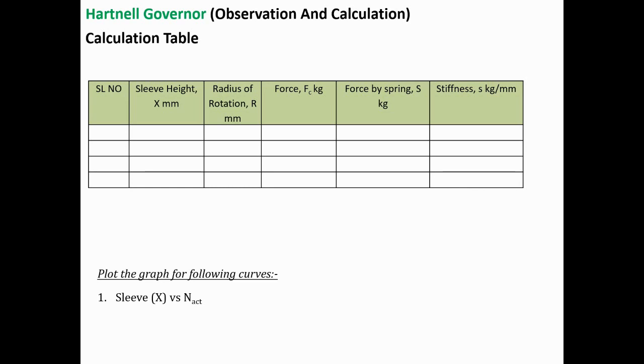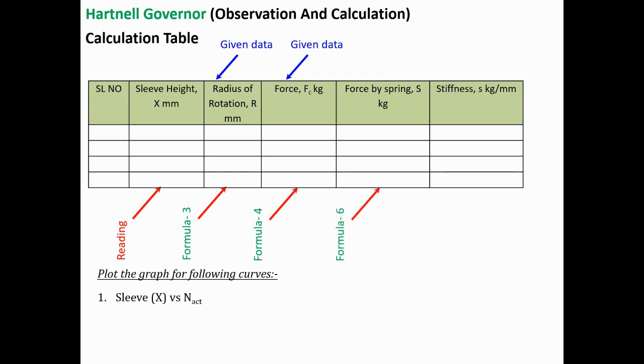In the calculation table, sleeve height we can get from direct reading, and radius of rotation r we can calculate using formula number 3 as well as some given data. Force can be calculated using formula 4 as well as given data, and force by spring using formula number 6 as well as given data.